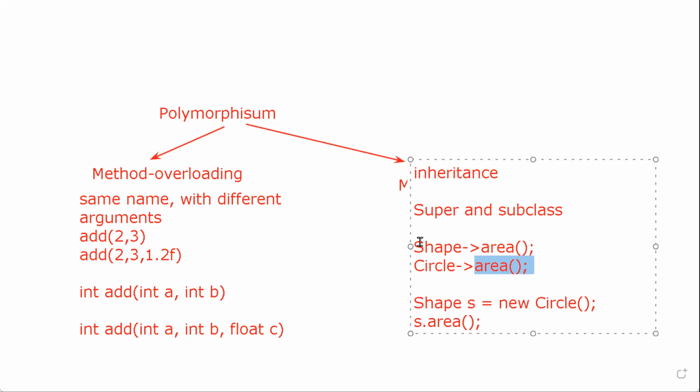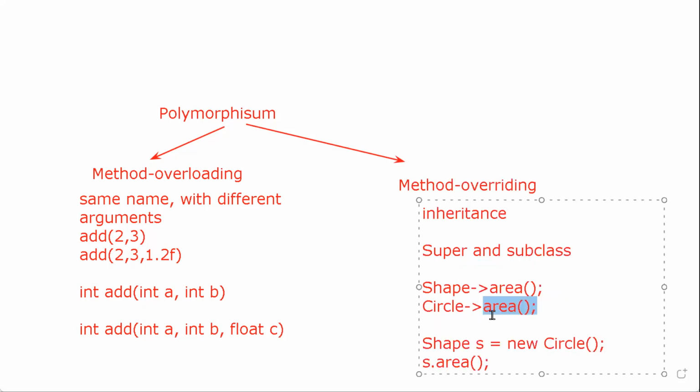That means we have it in Shape, but don't go to Shape, come to the area of Circle. So we are overriding that. Getting the concept? So we are redefining area in its subclass by overriding its definition in the Circle class.